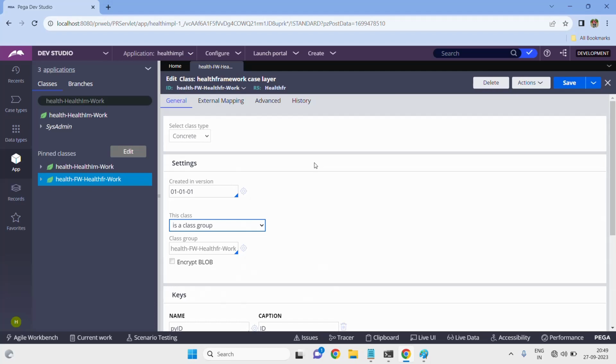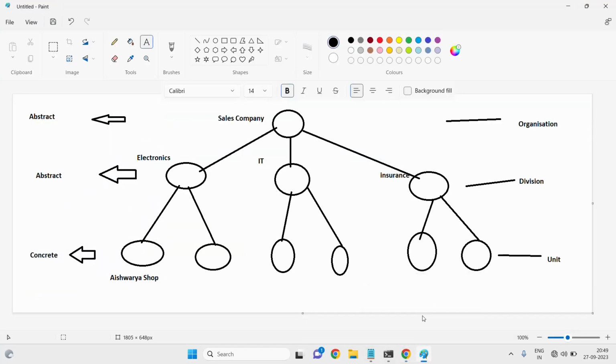Now let me explain the difference between concrete classes and abstract classes. In Pega every work is organized into three levels.